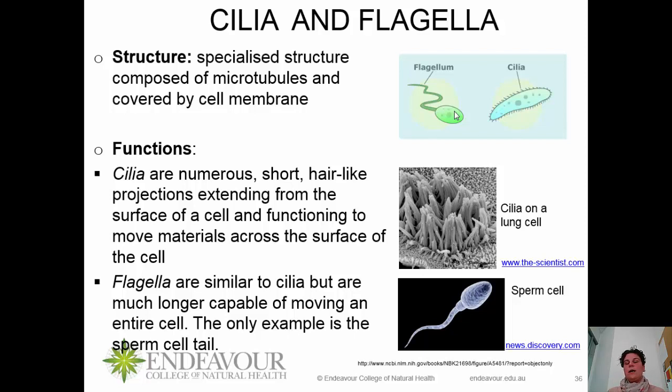So both of these are specialized structures composed of not just the microtubules protruding out from the cell, but also covered by the plasma membrane. Okay, so cilia and flagella.